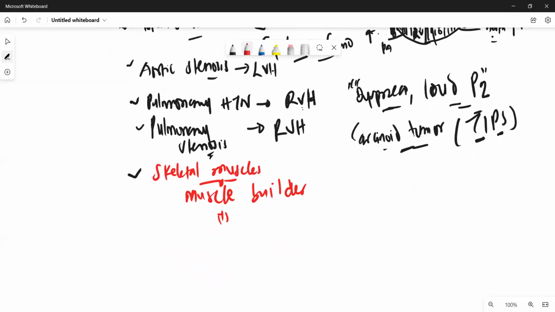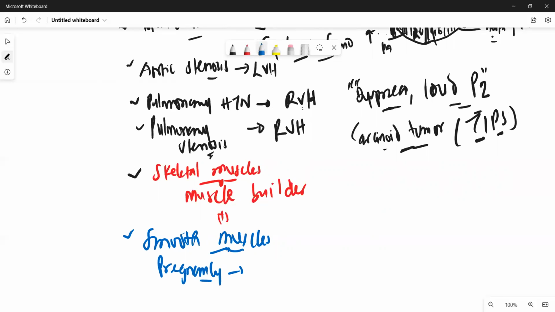So moving on to the next one, which is smooth muscle. A classic example of where we can have smooth muscle hypertrophy is in pregnancy. Remember, in pregnancy, there's an increase in hormone production. The placenta is producing a lot of hormones, and one of them is estrogen.